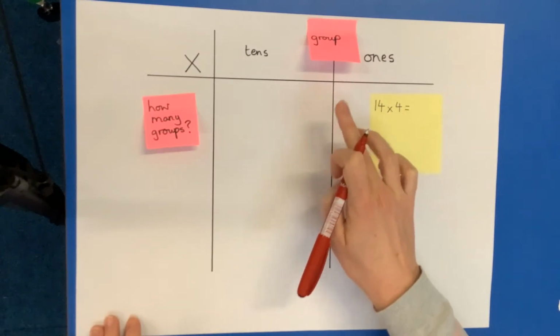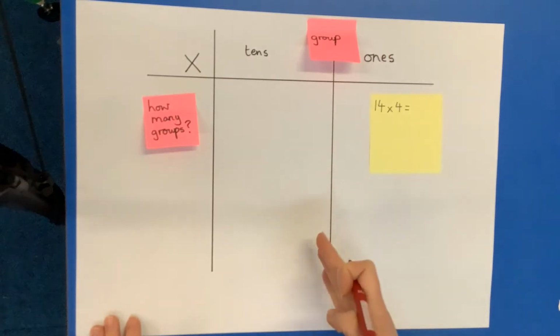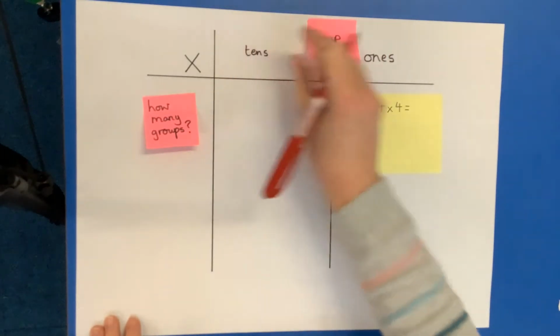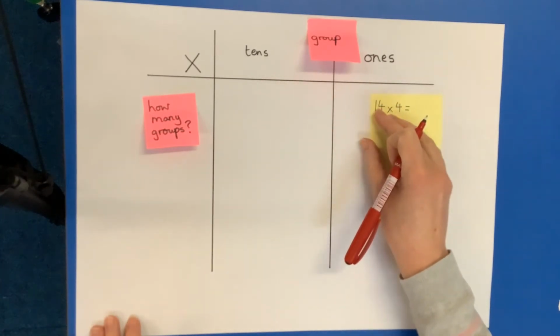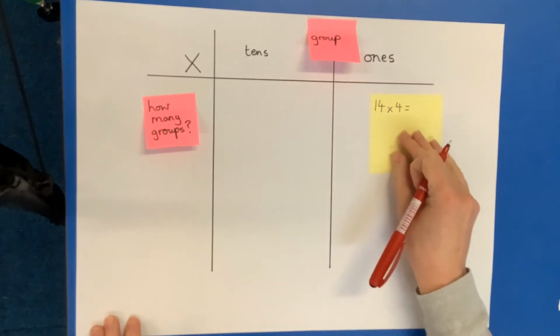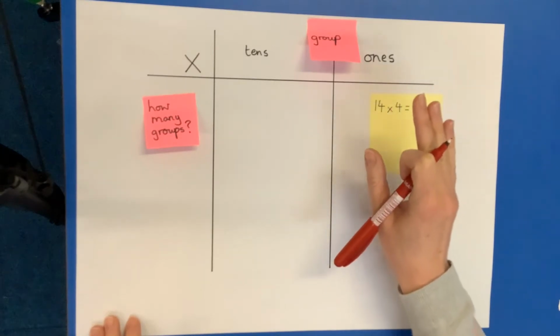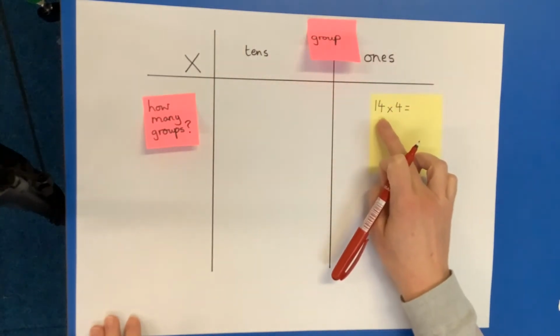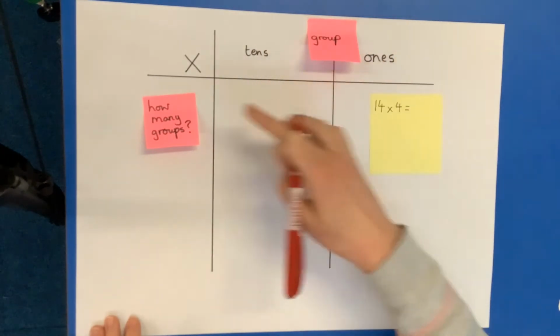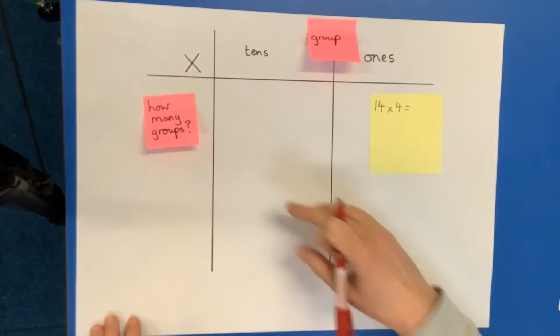This week we're going to take that a step further by dividing this column into our tens and our ones and multiplying each section together to find the answer. Don't worry if that sounds complicated. I'll make sure that we go nice and slow. So our group, which is 14 for this question, is still up here. How many groups are still down here?